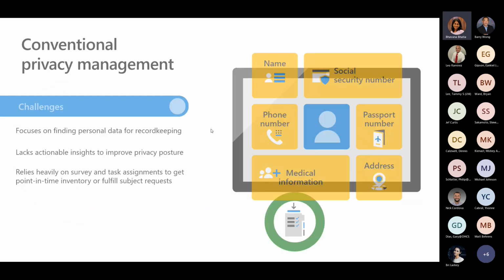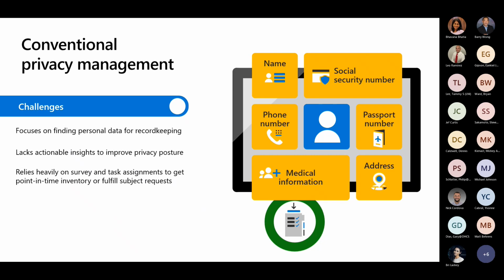Now, why is privacy management so manual? It has been observed that most organizations are still using spreadsheets, emails, and in-person conversations to understand the current data map in their organization and how personal data is flowing from one region to another. Some organizations may be using privacy management solutions, but most of these solutions work through a questionnaire, which is sent to the internal departments or agencies to ask them what kind of personal data they are collecting.